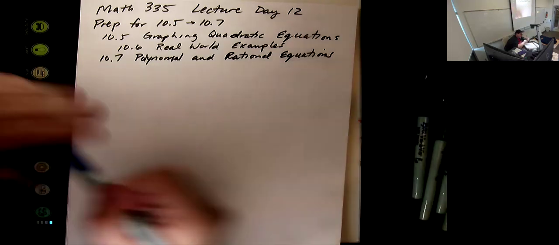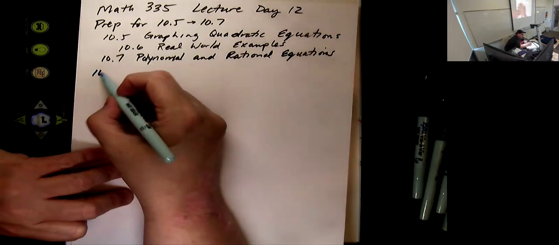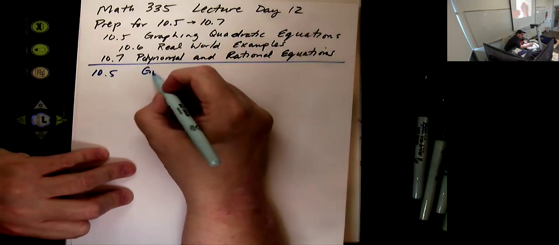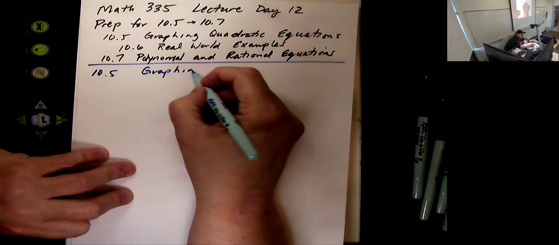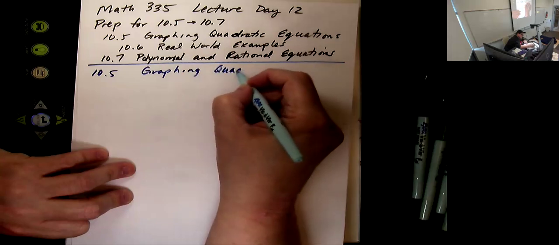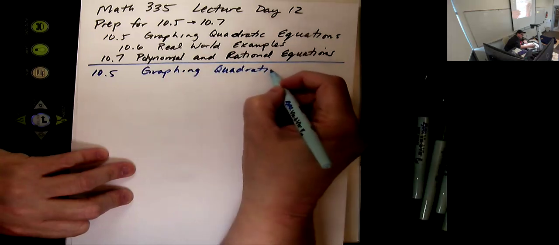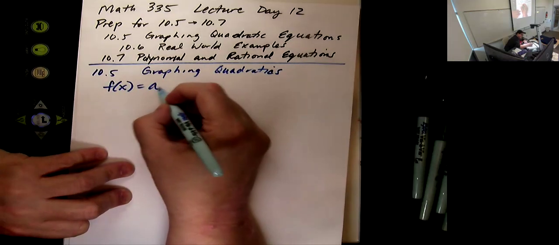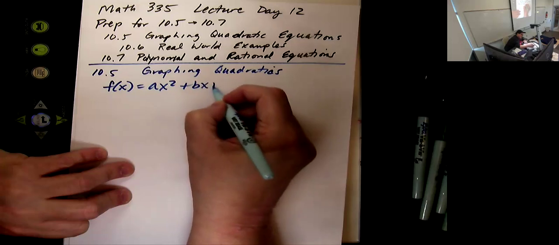So 10.5, looking at it real quick, we've got graphing quadratics. So we'll have f of x equals ax squared plus bx plus c.